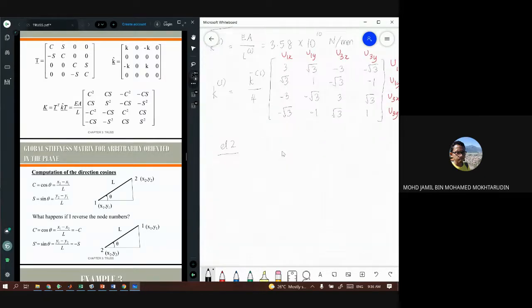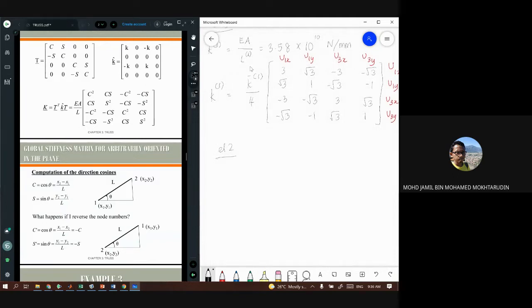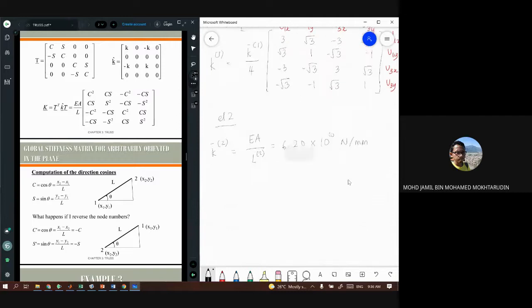So similar step, we calculate the EA over L. So we get 6.20 times 10 power of 10. Okay, then we assemble the matrix.